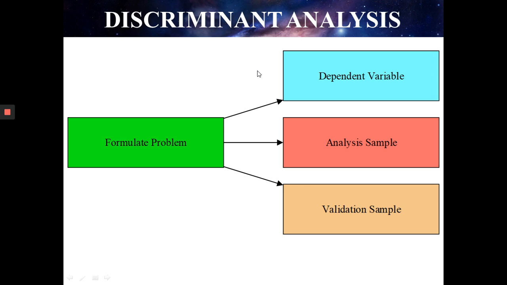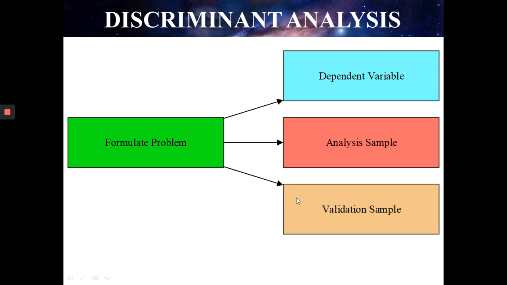One half serves as the analysis sample, and the other is used as the validation sample. So the analysis sample is the part of the total sample that is used for estimation of the discriminant function, and the validation sample is the part of the total sample used to check the result of the estimation sample.